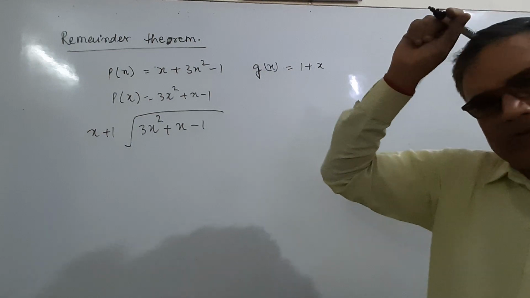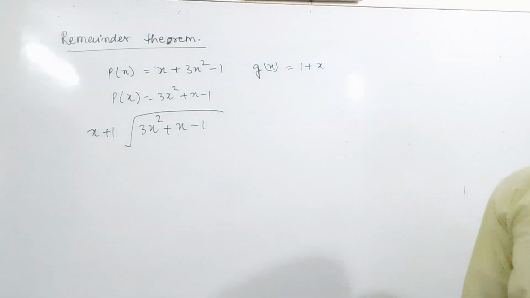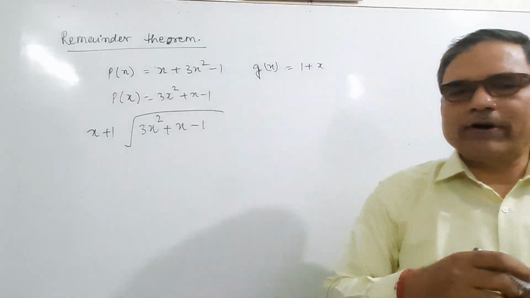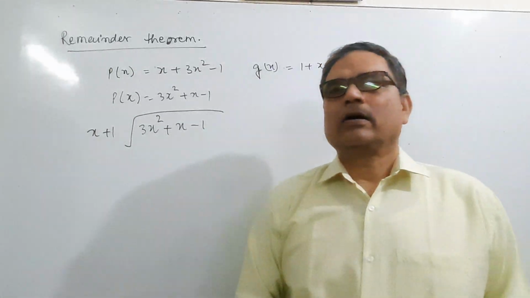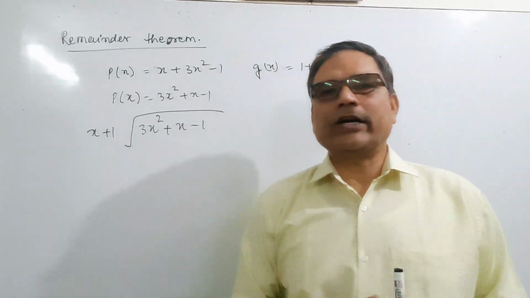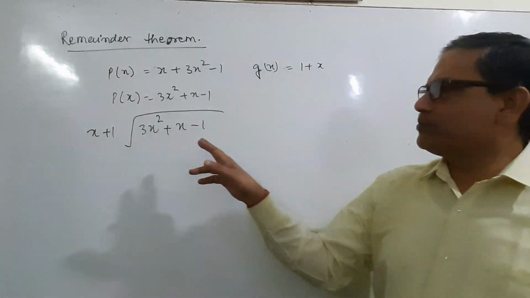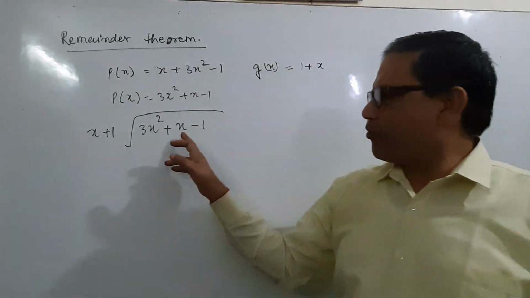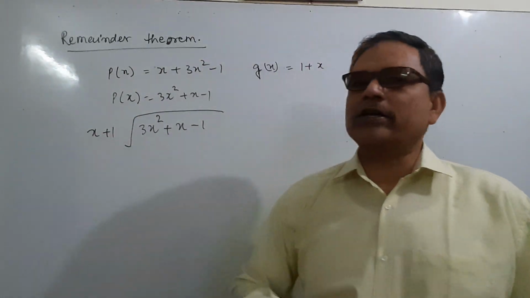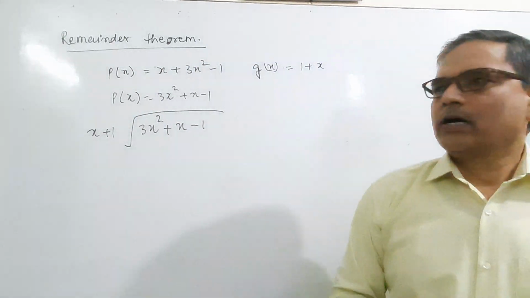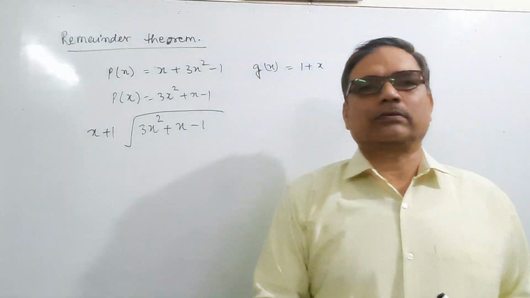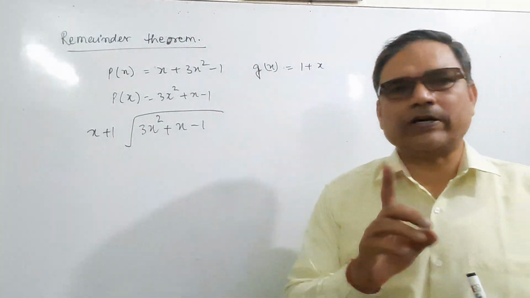This is a quadratic polynomial and this is a linear polynomial, and you know very well what a linear and a quadratic polynomial are. The degree of p(x) is greater than the degree of g(x). Degree of p(x) is 2, degree of g(x) is 1, which satisfies the first condition.